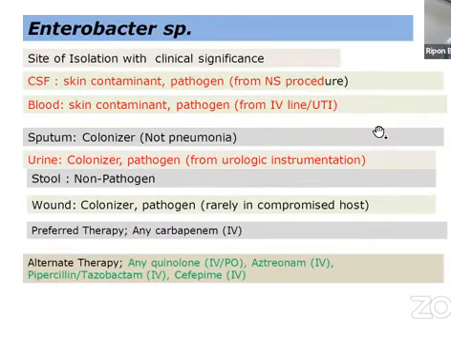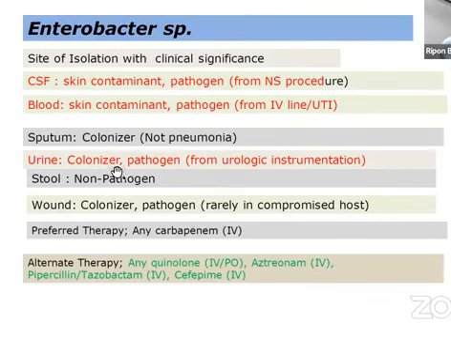Now, Enterobacter. Enterobacter mostly are skin contaminants in CSF and blood samples, and colonizers in urine, but they can be pathogenic if after any neurosurgery operation or procedure they accidentally enter into the meninges, and from an IV line or UTI, they can go to the blood, then that can be pathogenic.